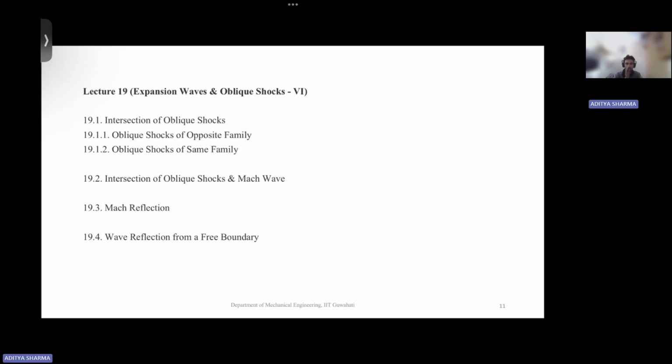So intersection of oblique shocks. So first we have oblique shock of different family.